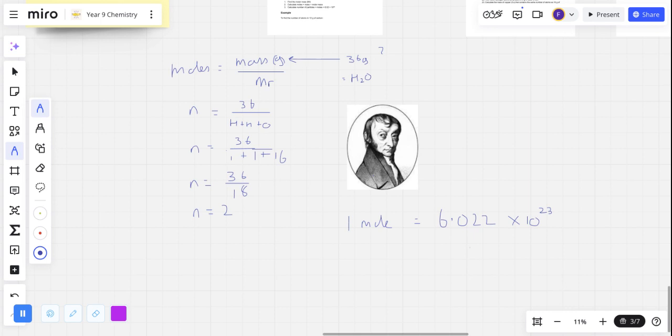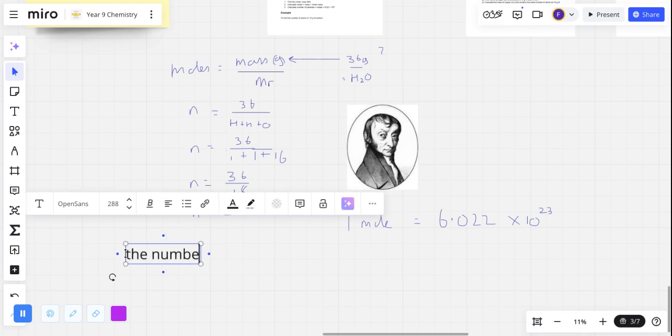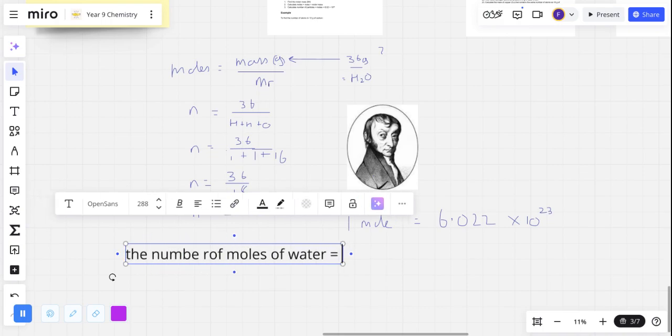So I can work out the total number of particles in anything. Well, how would you do that? Here we have 36 grams of water, and the number of moles of water is equal to 2.